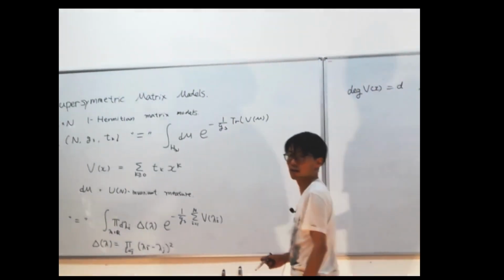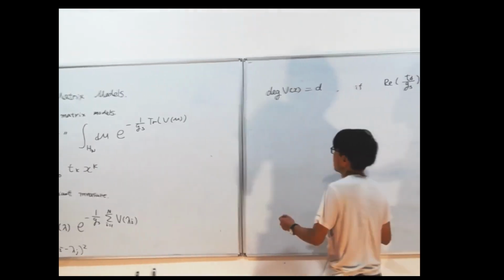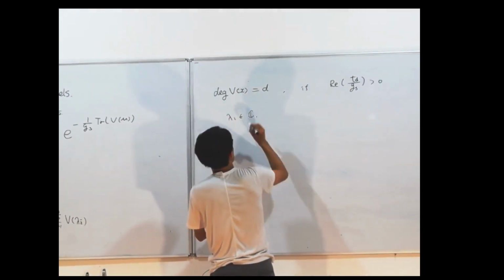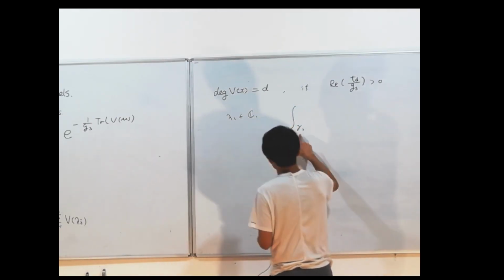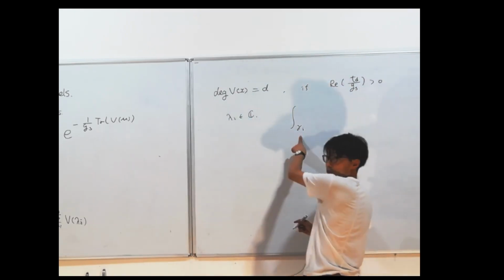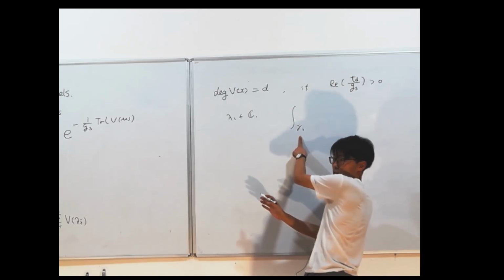Or what we can do instead is that, instead of saying that lambda should be in R, we can say that actually it goes through some sort of path. Okay, so now we allow lambda to be complex, but instead we take the integral to be along some path, we integrate lambda along some specific path such that the integral will be convergent.